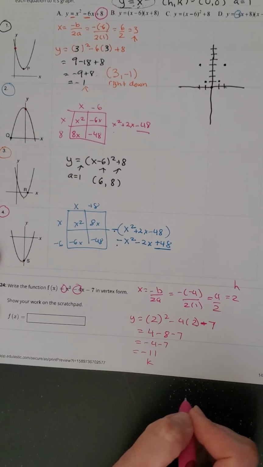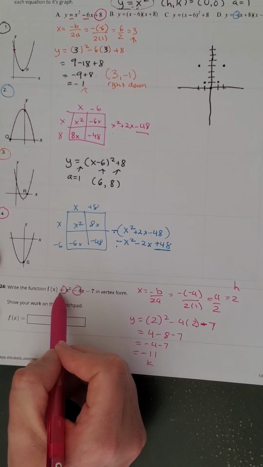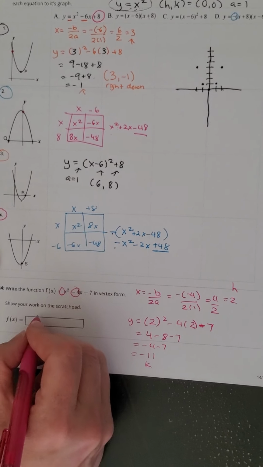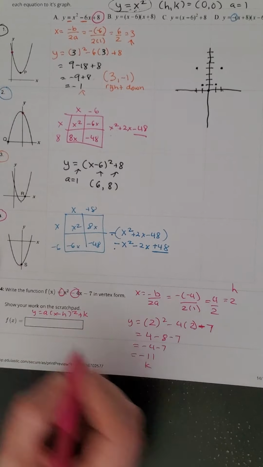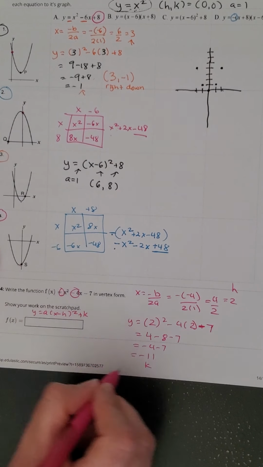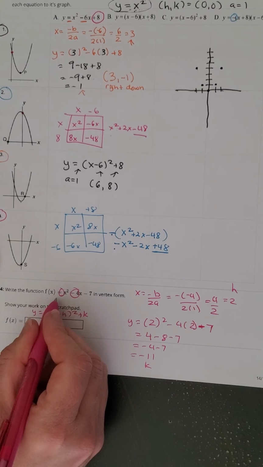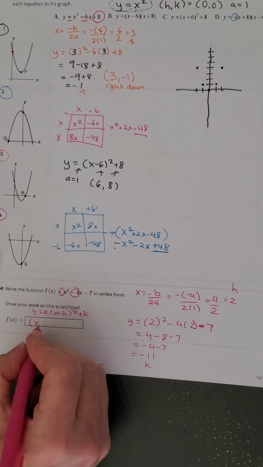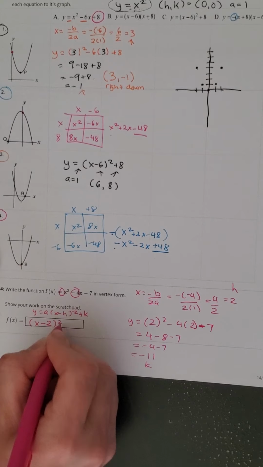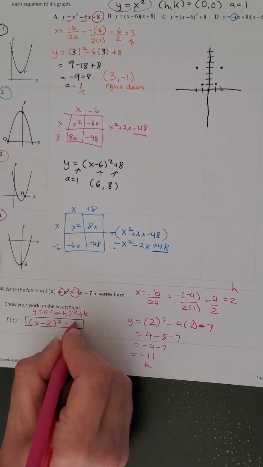And this is my k. And then remember, a was right here, it's 1. So y equals a times x minus h squared plus k. Y equals, or f of x, right, equals a is 1, no need to write it then. X minus h is 2, so x minus 2 squared plus k, well k is negative, so minus 11.